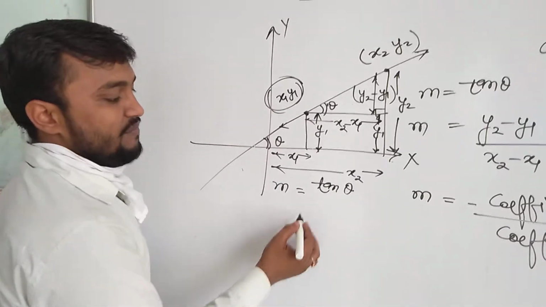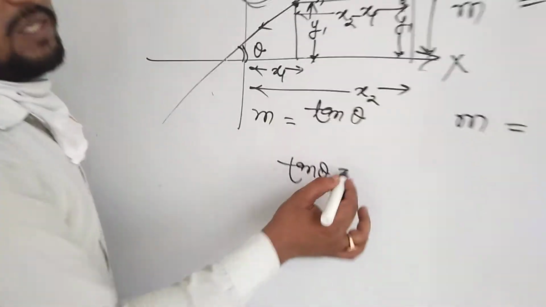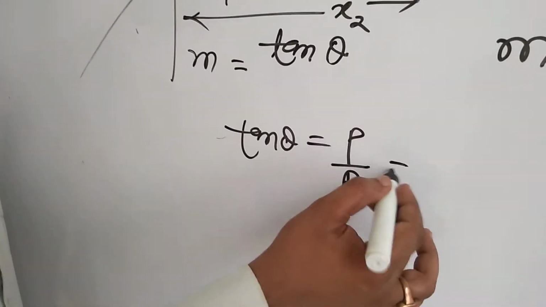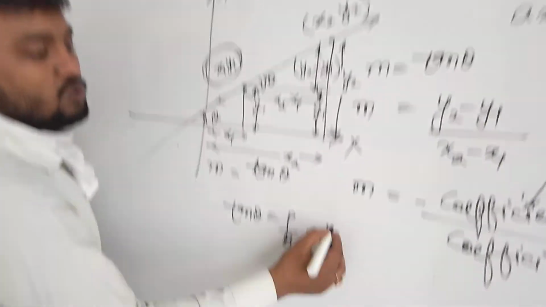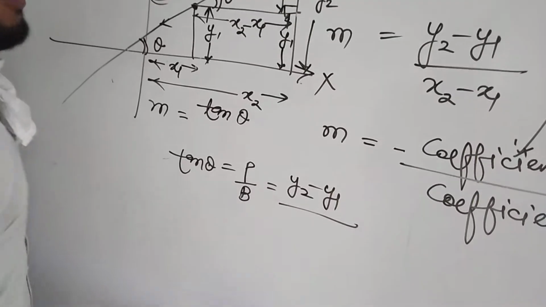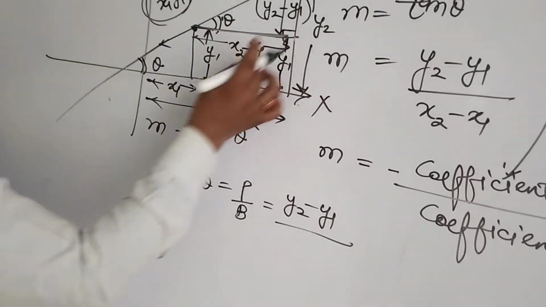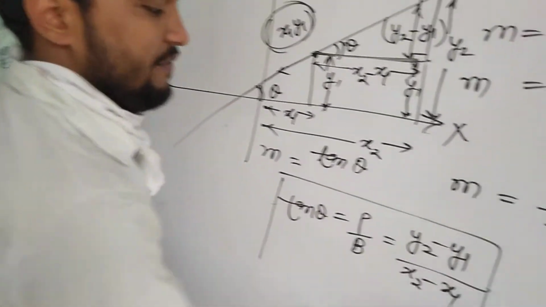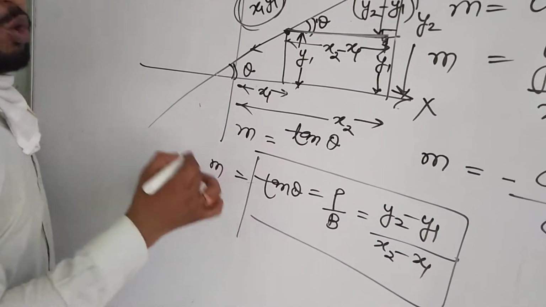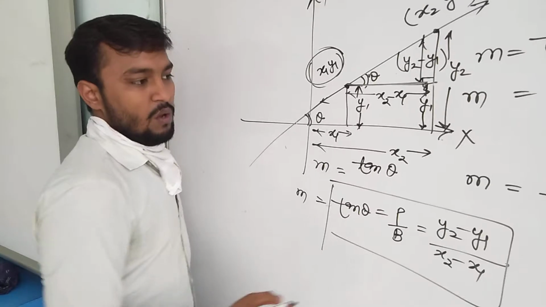At that time, when we use the formula tan theta equals perpendicular upon base, the perpendicular distance is y2 minus y1 whole upon the base, that is x2 minus x1. This is the formula, and we know that tan theta is the slope of a line.